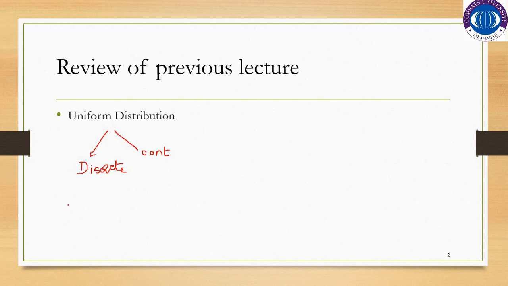In case of discrete uniform distribution, the probability mass function will be f of x is equal to 1 over k, and the mean is equal to 1 over k summation i is equal to 1 till the value k, x i.